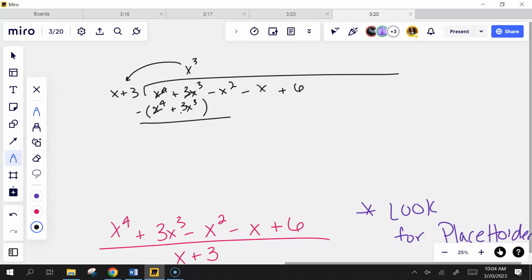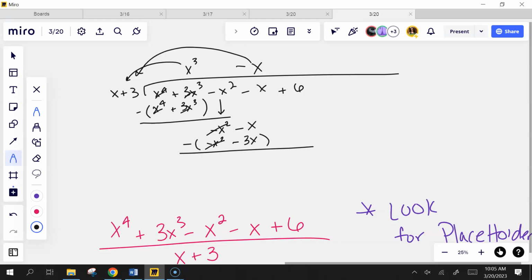Oh, this is that one where everything started canceling, isn't it? So I get negative x squared, and I'm going to have to bring down the next one too, since there's 2 terms outside. I need 2 terms there. What do I multiply x by to get negative x squared? What is it? Negative x, right? And I multiply around: negative x squared minus 3x.